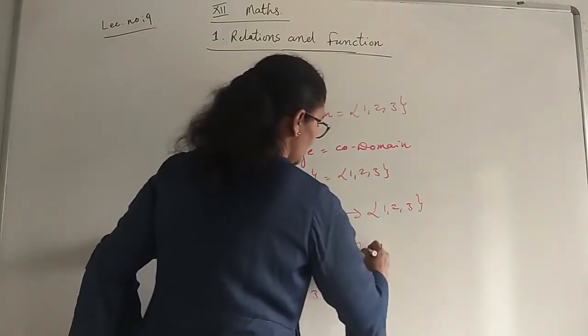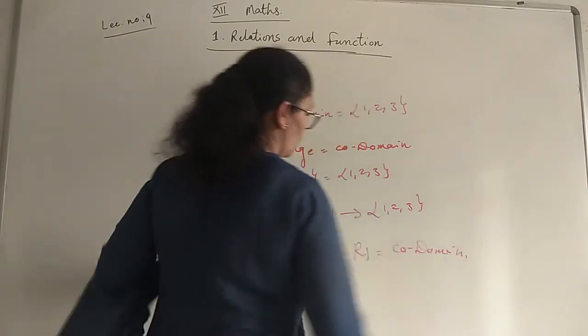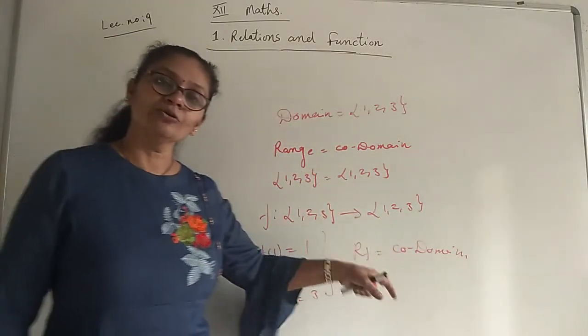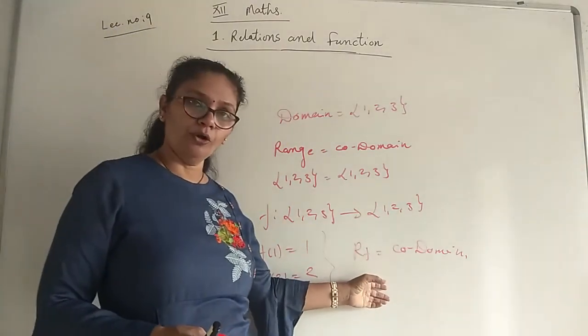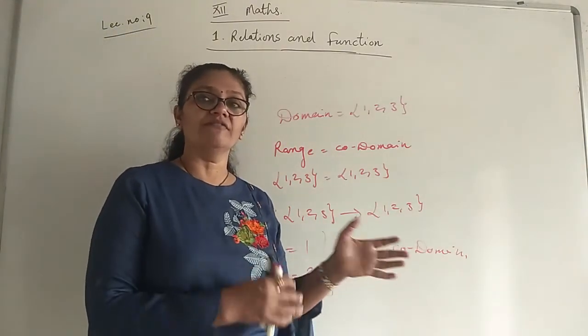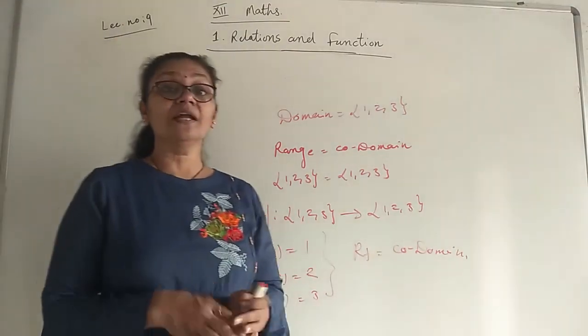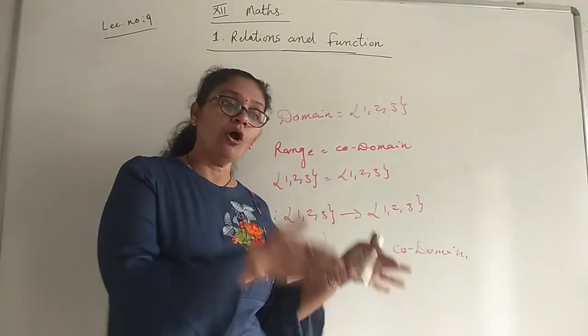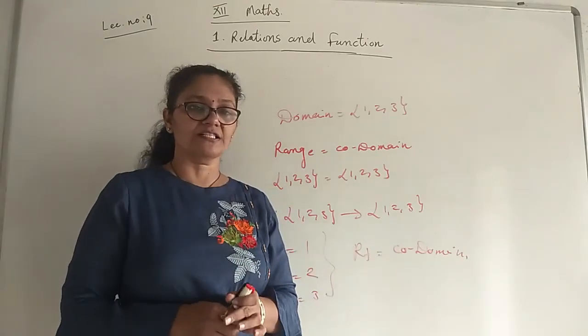So here the range of the function and the codomain of the function are both the same. What is the meaning of it? It is onto. Means if it is given one-one, then we have to prove onto, and if it is given onto, then we have to prove one-one. But remember, it is not necessarily always true that every one-one function is onto. It is not true. We will discuss it in the next class.